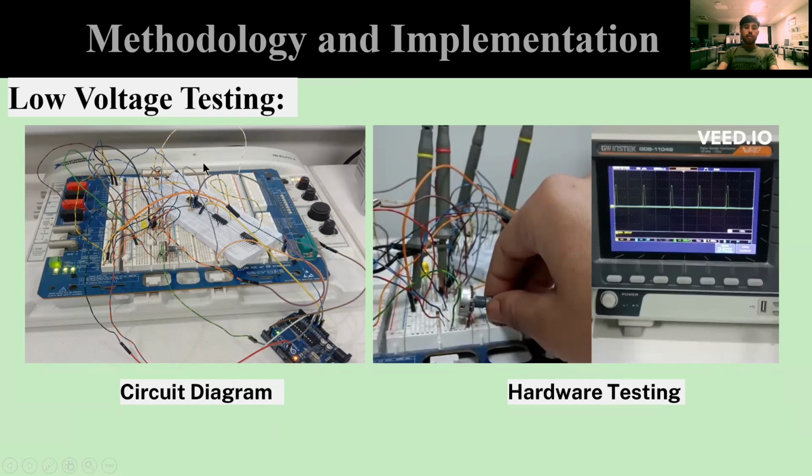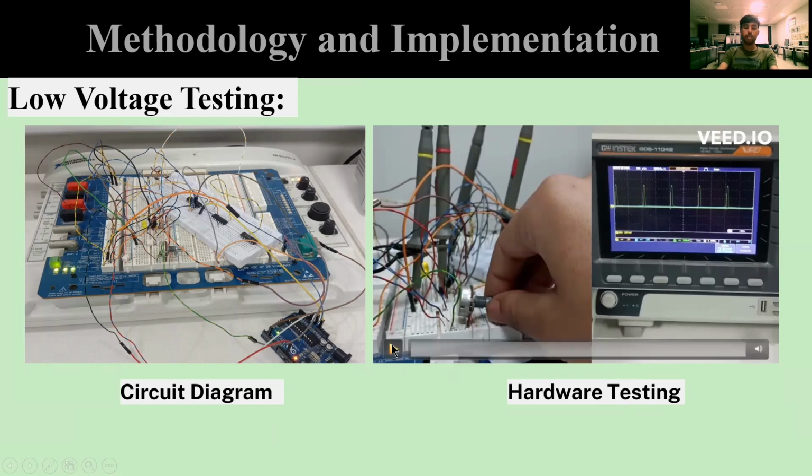This is the circuit diagram that we have designed, and this is our Arduino, and these are all our circuit components. After running this circuit and supplying the voltages, the following results have been achieved, which are shown in this hardware testing video.